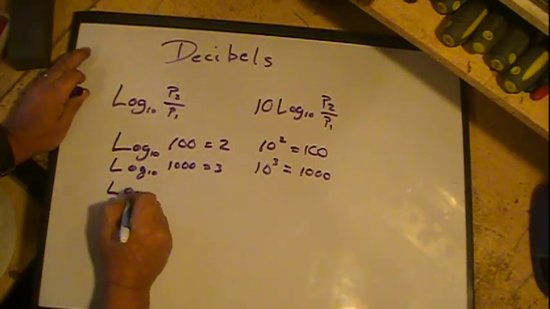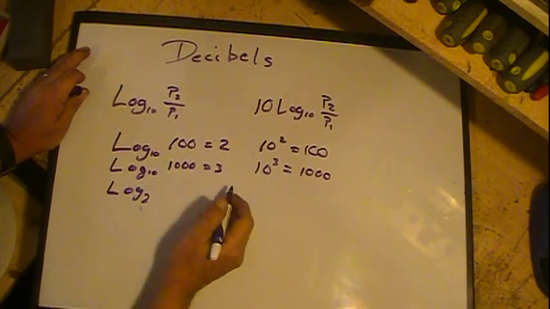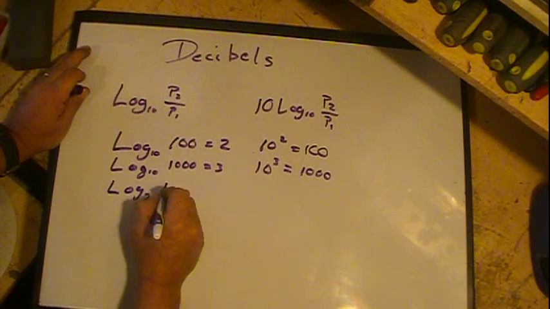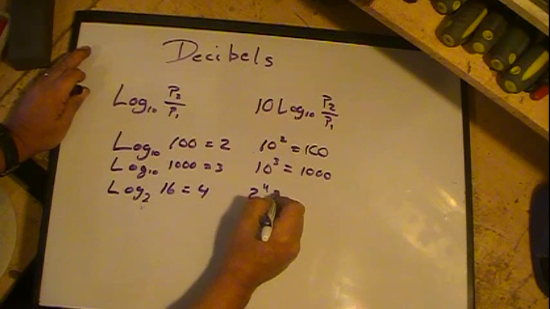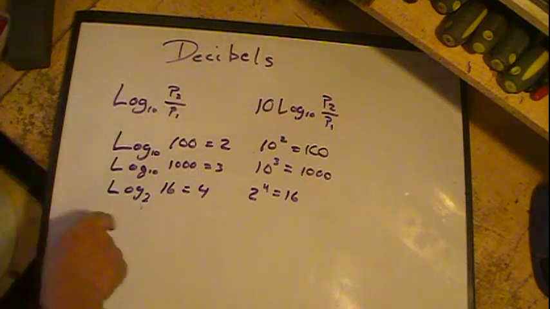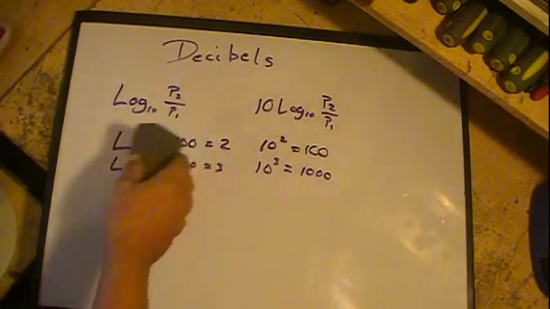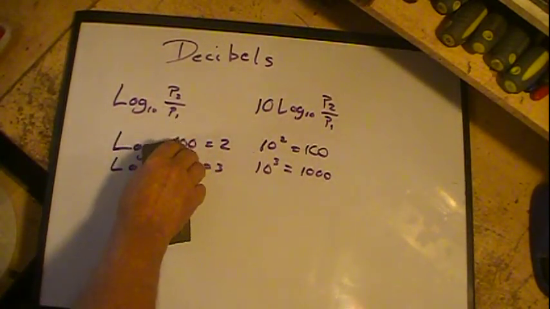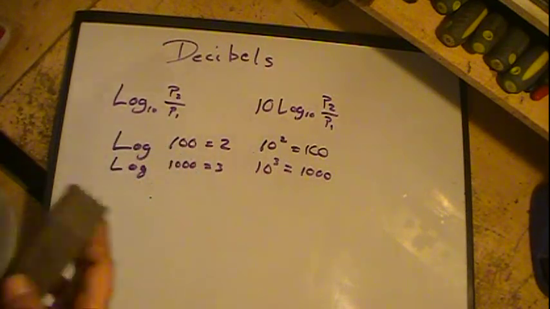If you have log base 2 of 16, that's 4, because 2 to the 4th power equals 16. So you can have any base, but generally you will deal with base 10, and generally you won't have to show the 10 anymore. But all log gives you is the exponent, of whatever base you're using, in this case regular logarithms, base 10.